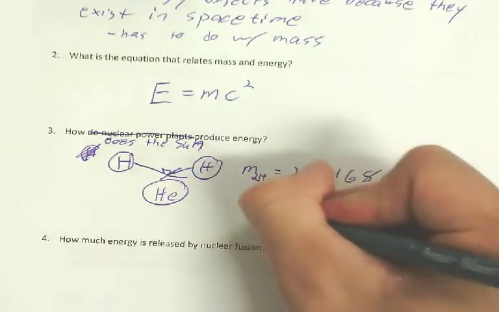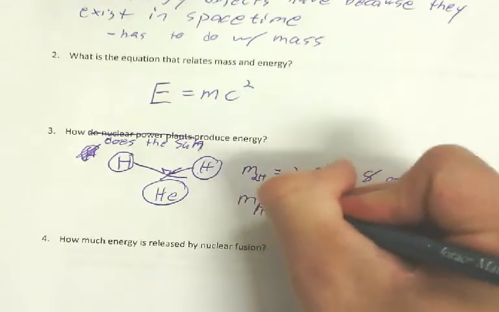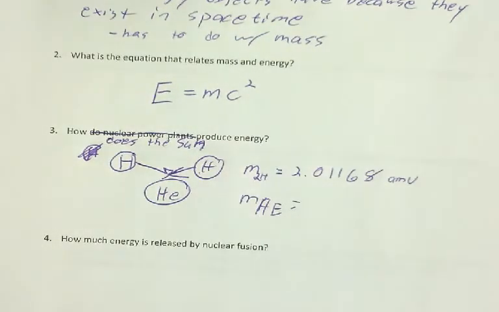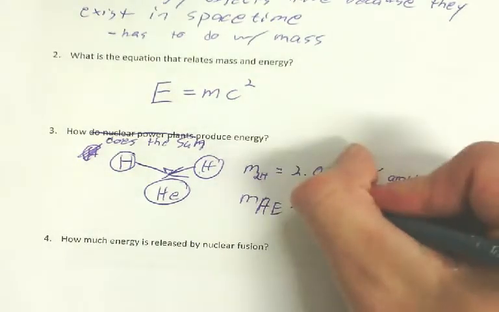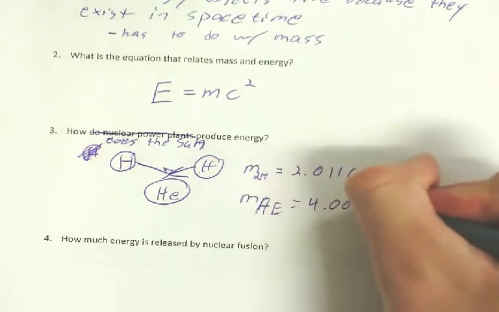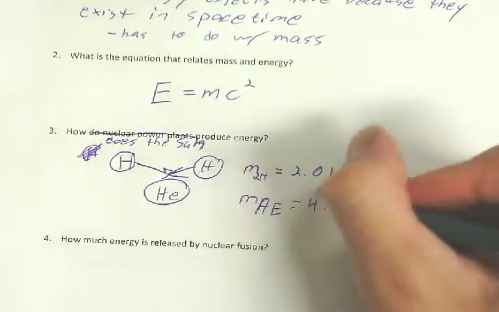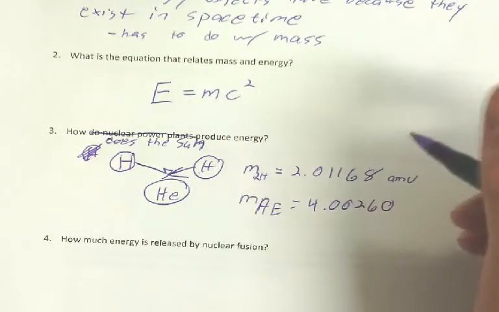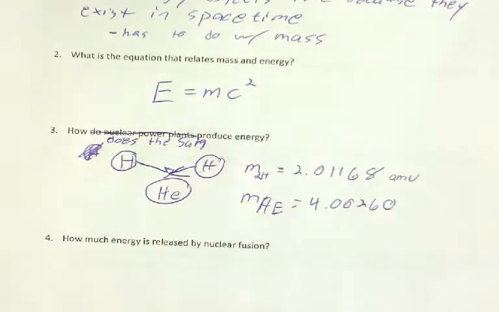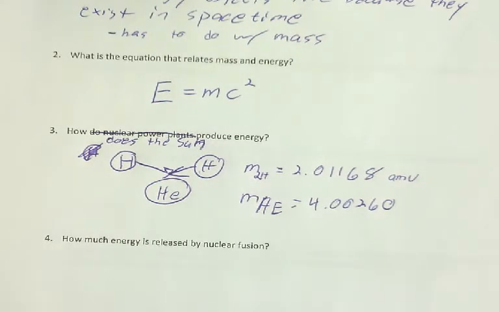The mass of 1 helium is 4.00260. Oh, I wrote the wrong number. That's my bad.